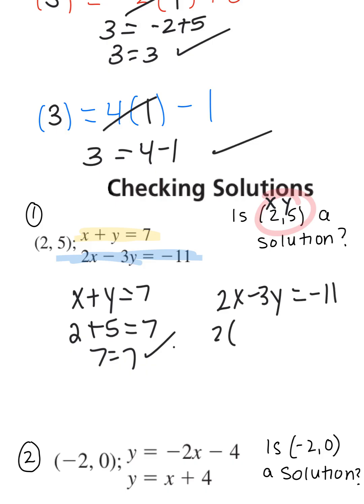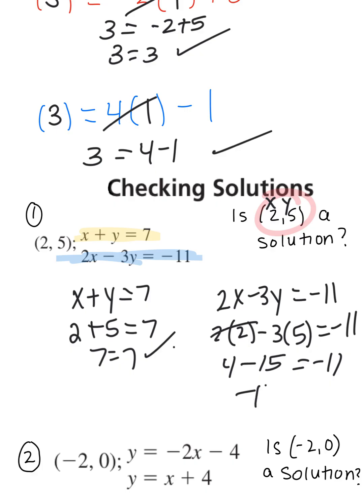So 2 times x, which is 2, minus 3 times y, which is 5. Let's see if all that equals negative 11. So 4 minus 15, basically. Does 4 minus 15 equal negative 11? It does. So it worked for both. So is 2 comma 5 a solution? Yes, it is.